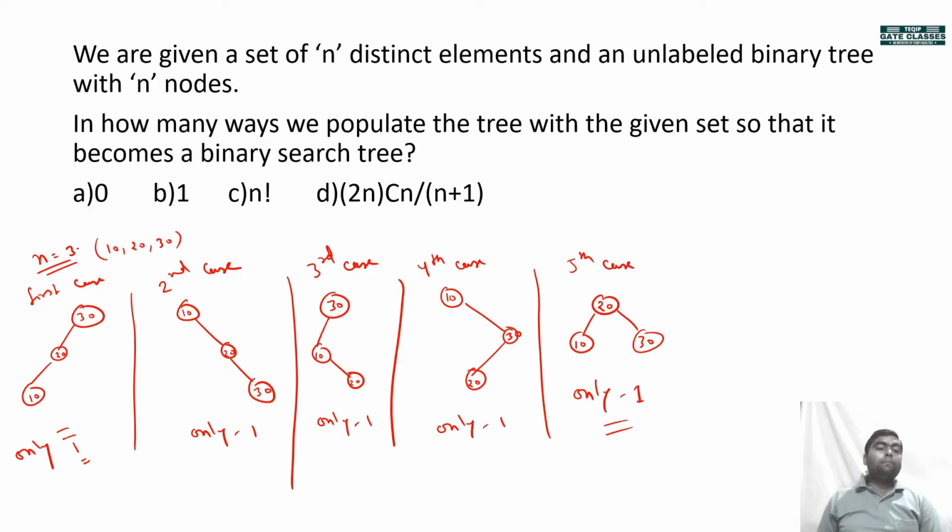We are taking the n equal to 3 case. For 3 nodes, 5 unlabeled binary trees are possible, and if each binary tree is given, there is only one way to populate it. So the final answer for this one is 1. I hope this is clear to you.